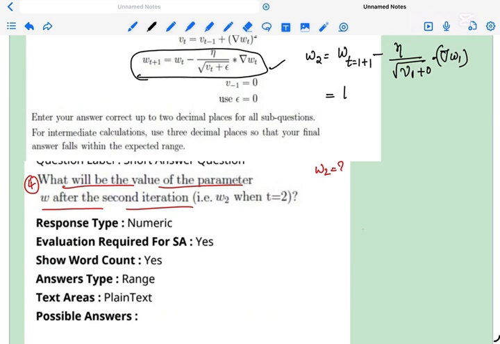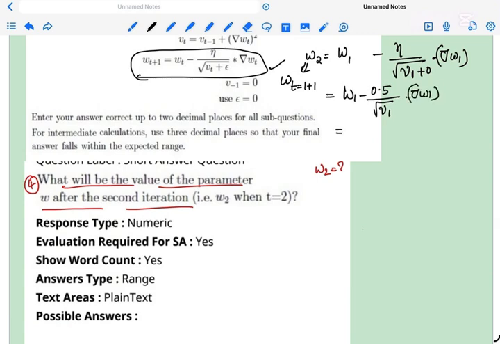This is w1. w2 equals w at t equals 1 plus 1. This is w1. Sorry, this value is t equals 1, right? w1 minus eta, which is 0.5, divided by square root of v1 times delta w1.